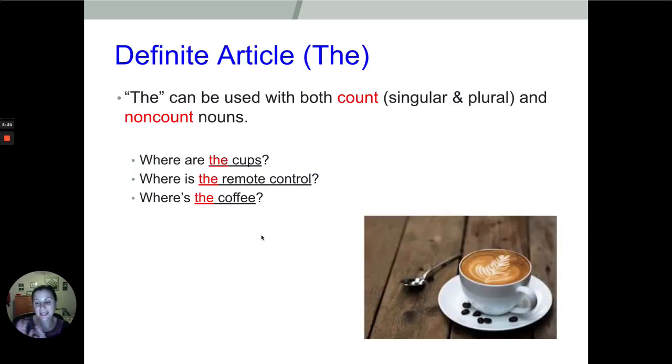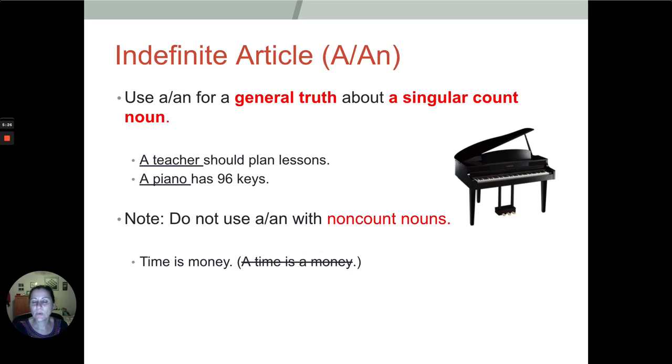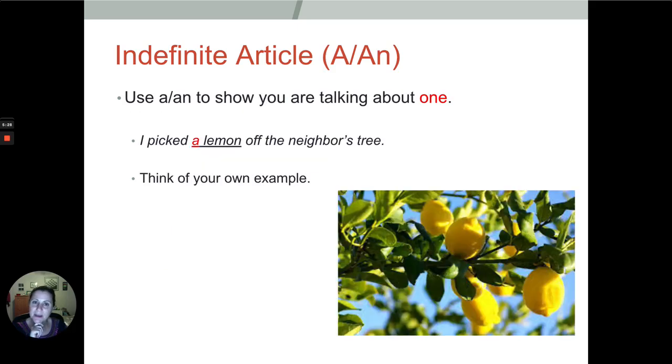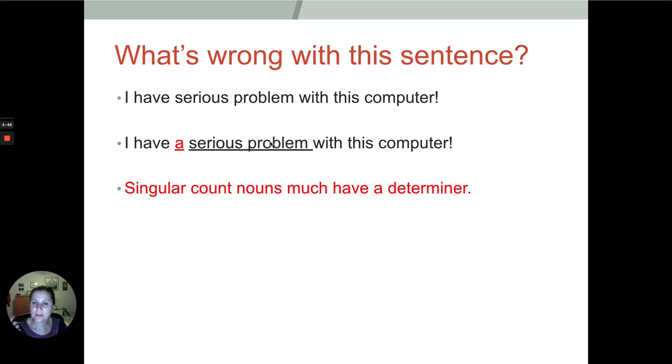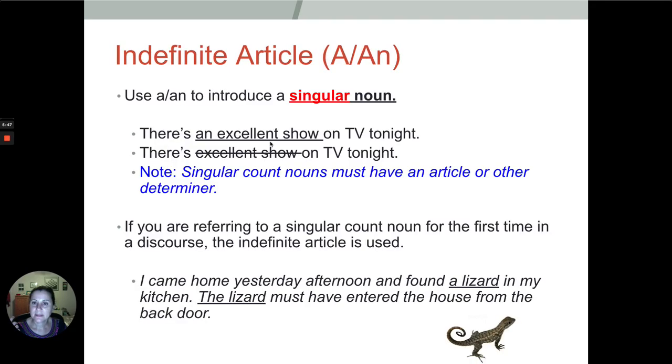Okay, so that's a and an. Oh, one thing I wanted to mention about a and an is it's called indefinite. It's not definite. So if I say I picked a lemon, it's like any lemon. It's not a specific one. Or jambalaya is a rice dish. This is just in general. So that's when we say indefinite.